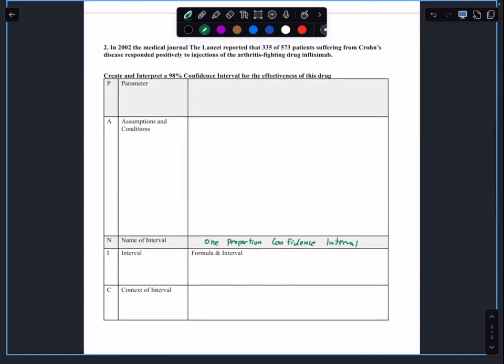In 2002, the Medical Journal Lancet reported that 335 of 573 patients suffering from Crohn's disease responded positively to injections of infliximab.